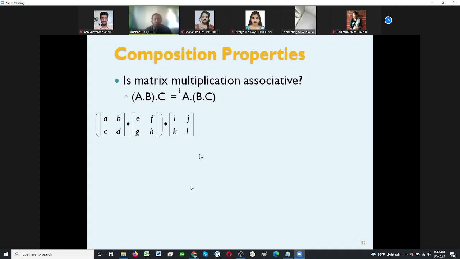If you consider any numbers, like a into b into c, whichever way you go, the value comes out the same. This is associativity. Also it is commutative in that sense: a b and b a, you change the order and it still holds, but in matrices it is not.